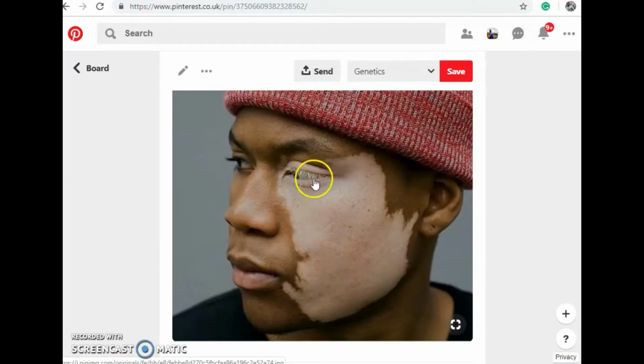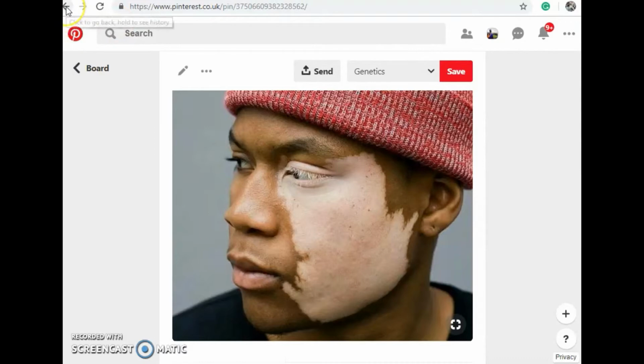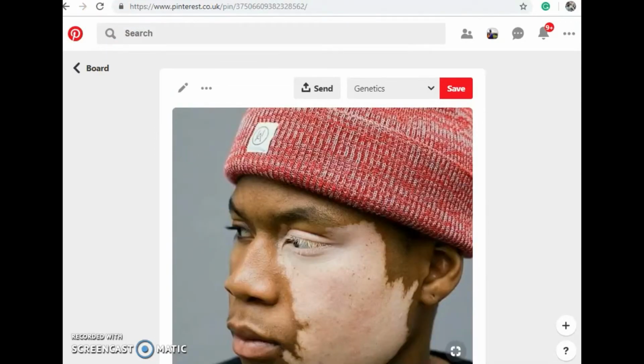I get it. So it's not fully 100% understood what actually causes vitiligo, but it's assumed that there's a mutation of this gene, CD117. That's interesting. I thought as much, that it is a mutation.